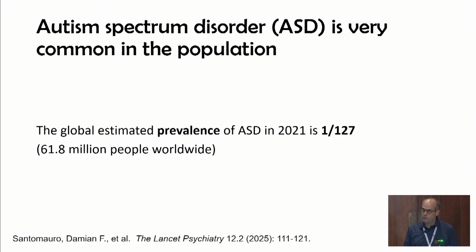But we do know that there is a very strong genetic basis for autism, and there has been tremendous success in the last years in identifying the specific genes that are involved in autism.